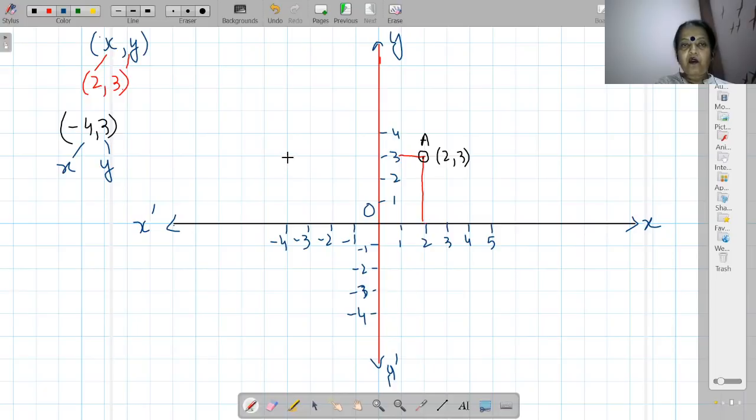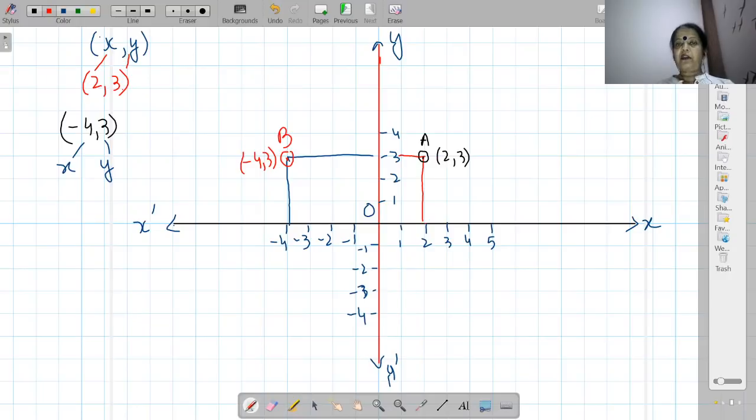So we will move towards each other like this. From -4, and from y we will move towards each other. So this is the point of intersection, and don't forget to write the coordinates here, that is -4 and 3.